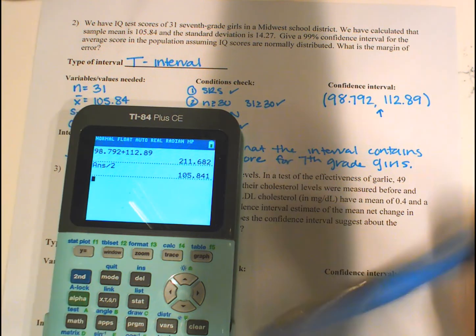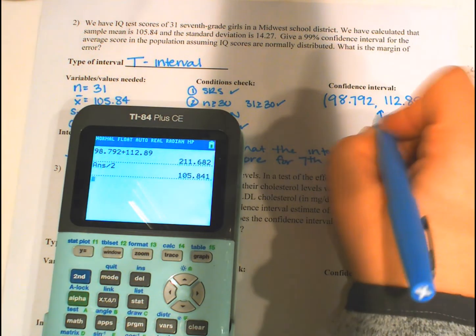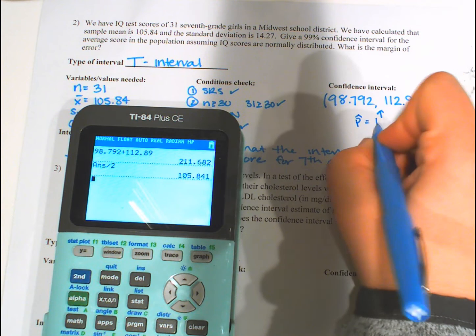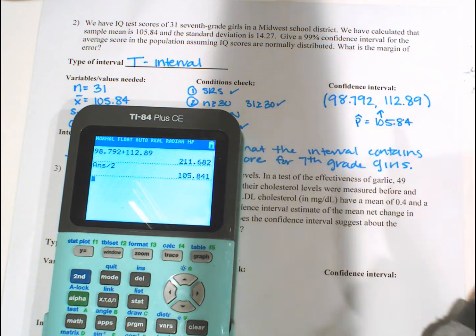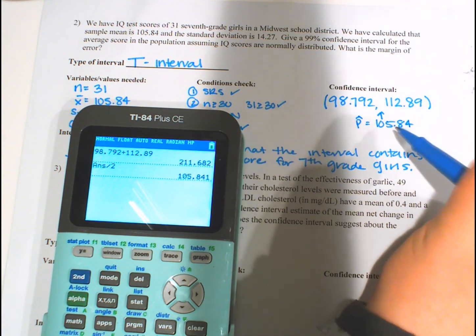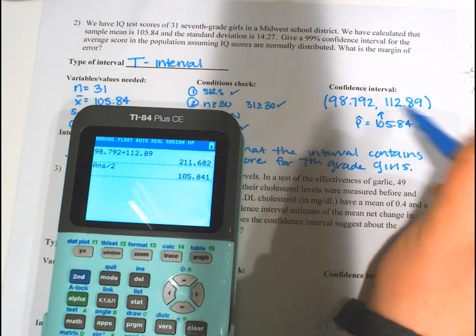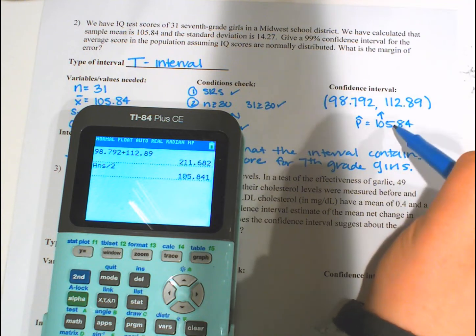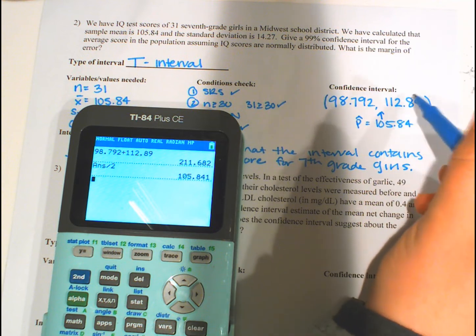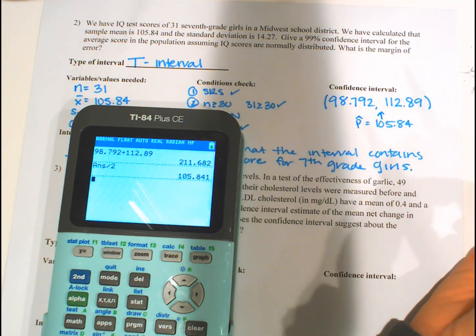Then the margin of error, so my point estimate is my mean, which is 105.84. My margin of error is just the distance from this middle point to one end of this interval. So I can either do 105.84 minus this or this minus that. I'll get the same value either way.